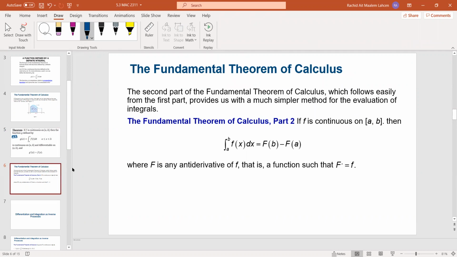follows easily from the first part. It provides us with a much simpler way of doing this. This integral equals F of b minus F of a, where F is the antiderivative of f, that is, a function such that F prime equals f. So we transition from part one to part two.